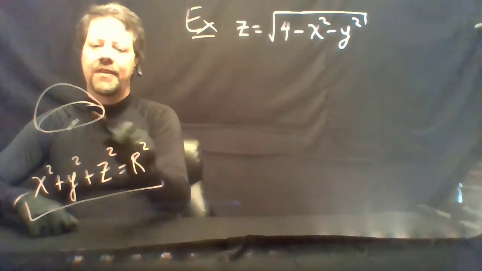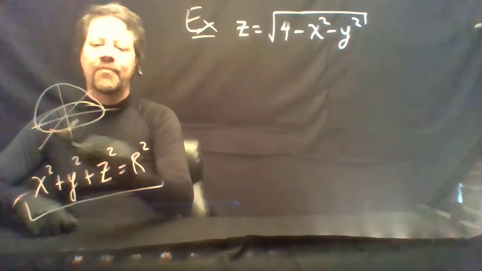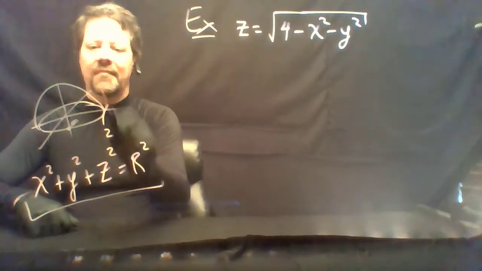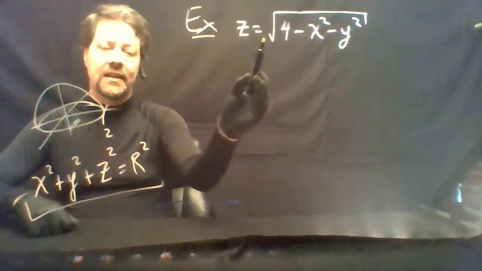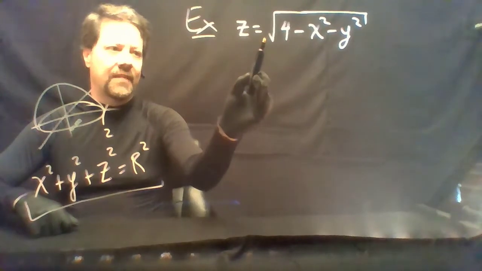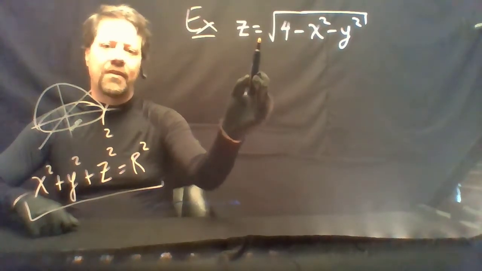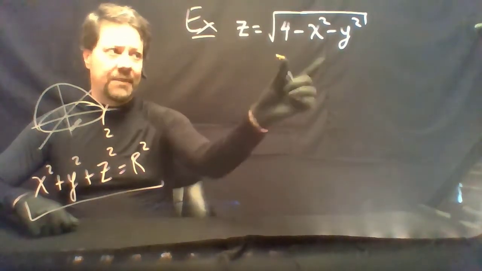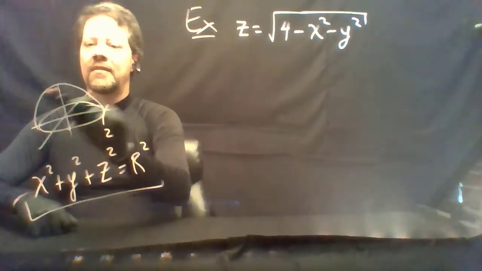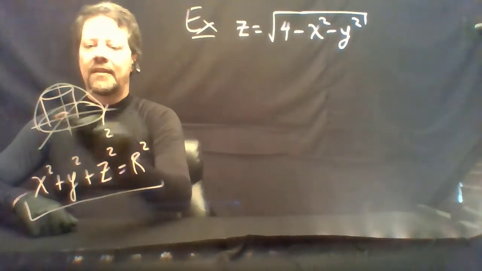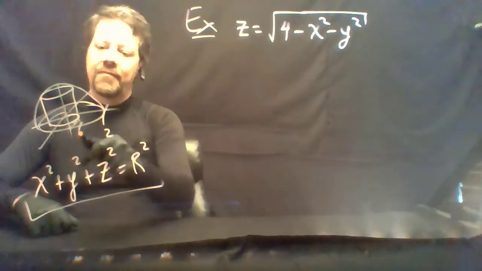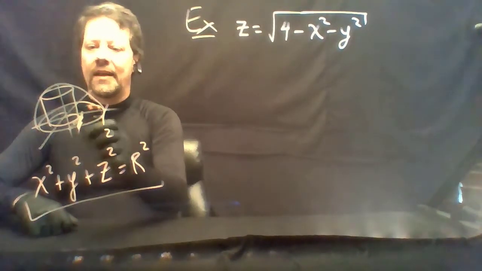This is going to be a sphere of radius 2, but it's only the top half, because I'm choosing non-negative values for the z. Let's suppose that I want to find the volume above the xy plane but below the sphere, but I don't want all of it. I only want the portion of radius 1, the core.